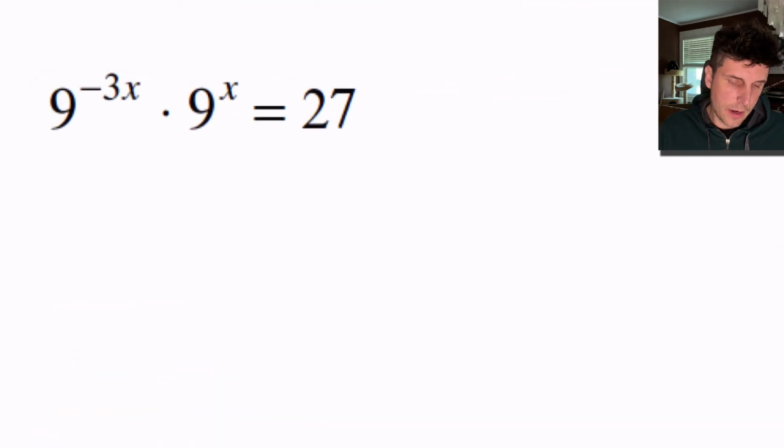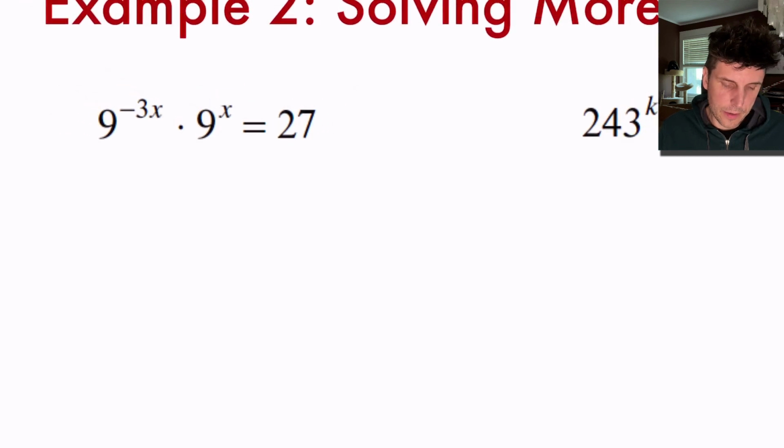So we have an exponential variable. This is an exponential equation. So I really want to condense those variable expressions into one exponent to start. Since 9 is the base for both of those exponential expressions, we can bring them together. When you're multiplying like bases, you add the exponents, right?